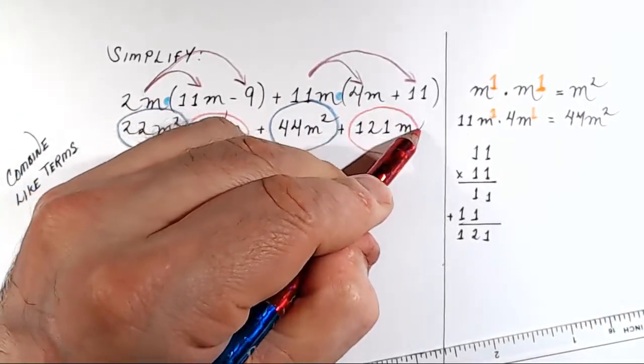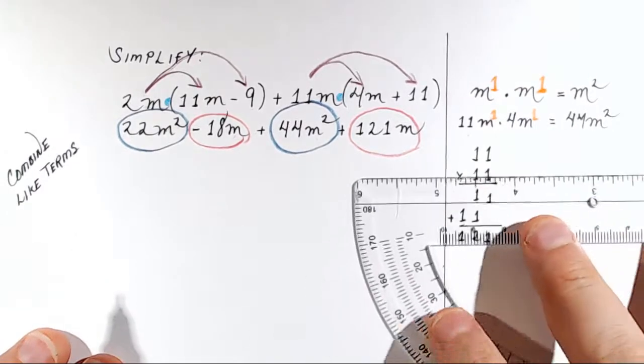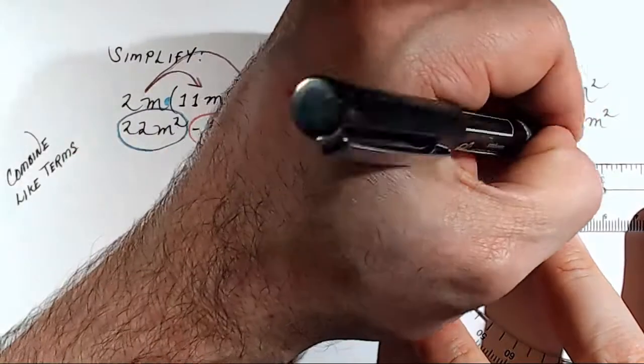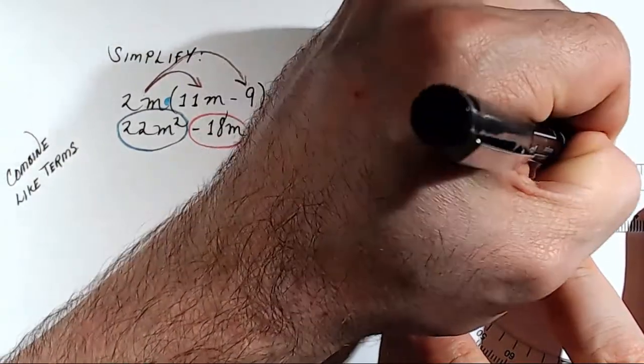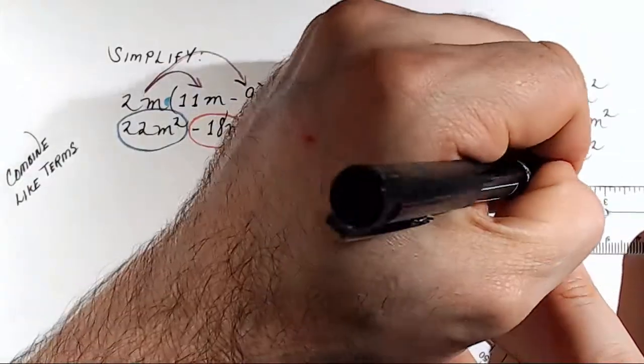And now I'm going to combine the like terms. So first I'll combine my blue terms, and then I'll combine my red terms. Over in side work, we're going to do that by adding 22m squared and 44m squared.